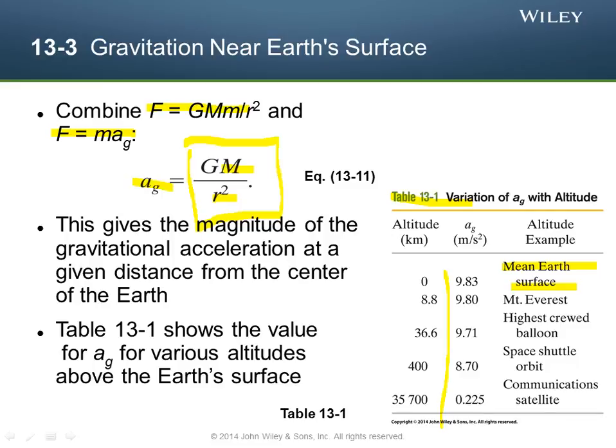At the highest crewed balloon, that's going to be 9.71. In a space shuttle orbit, we're at 8.7 meters per second squared. And our communication satellites are in a much, much weaker gravitational field due to Earth because of their great distance, and that's 0.2 meters per second squared.